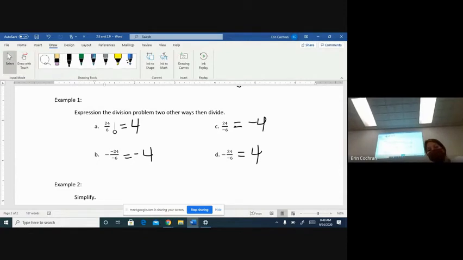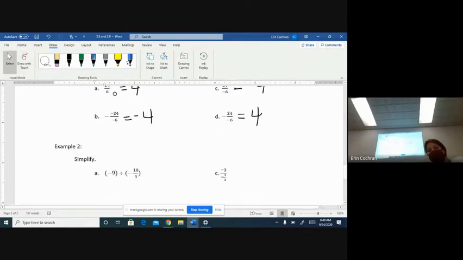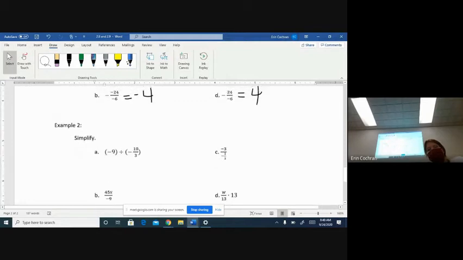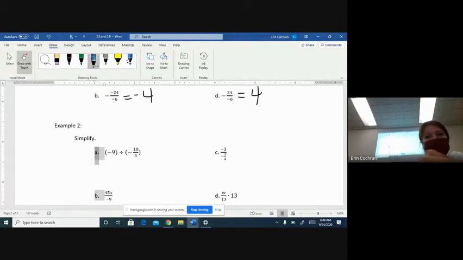All right, example 2. We have -9 divided by -10/3. Can I divide fractions? No. So I'm going to keep the first, which is -9/1. Okay, we're going to change division to multiplication. And what am I going to do with that -10/3?